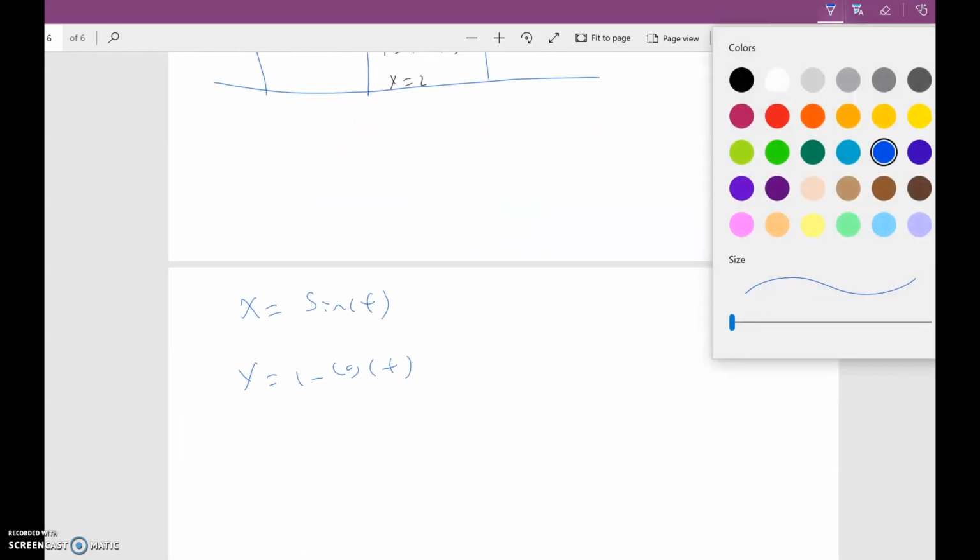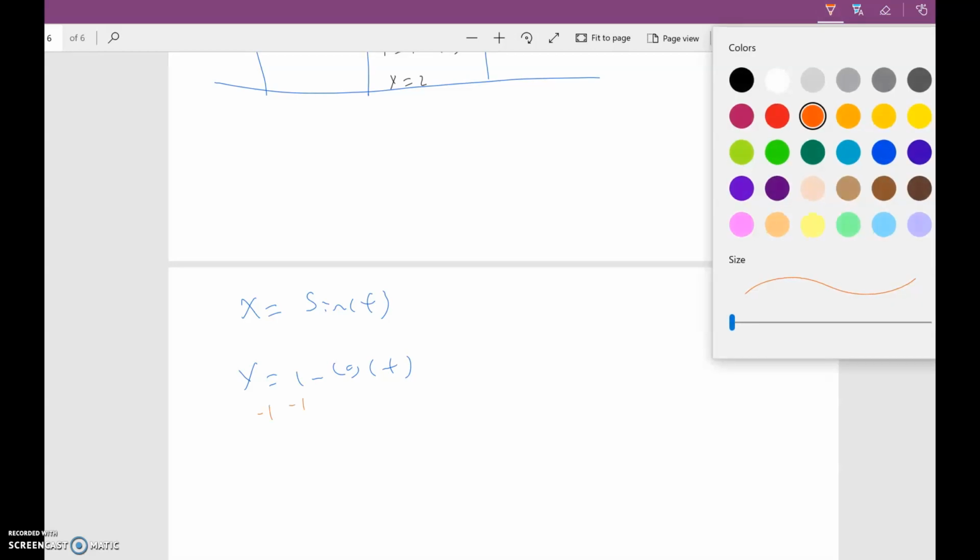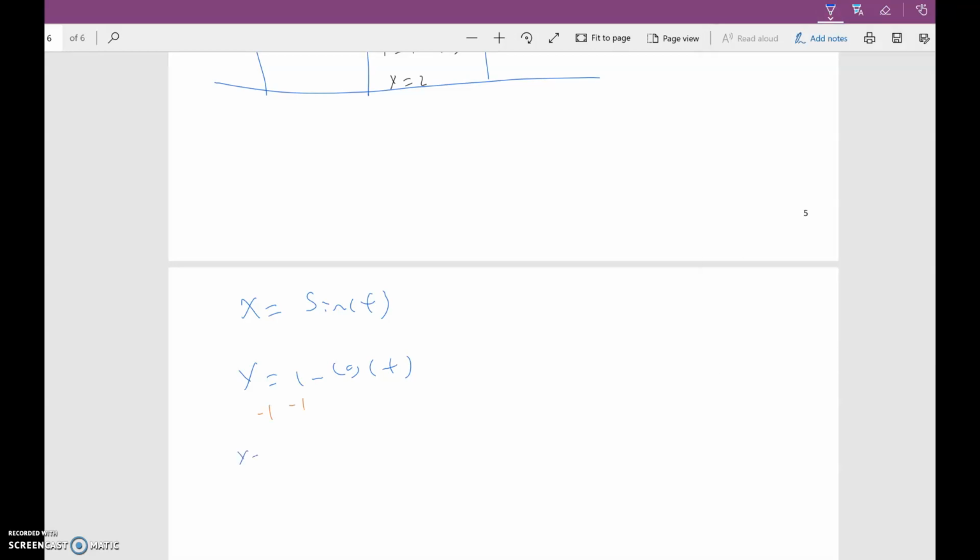Now, let me solve the second one for the y's. So I'm just going to subtract 1, and you have y minus 1 is equal to negative cosine of t.